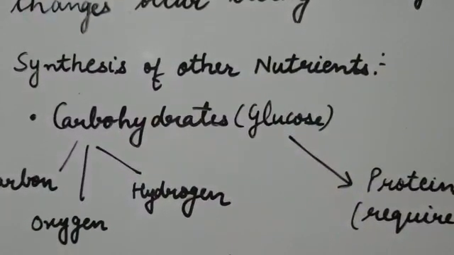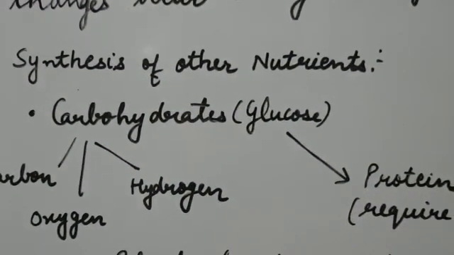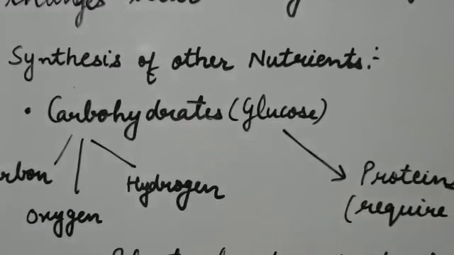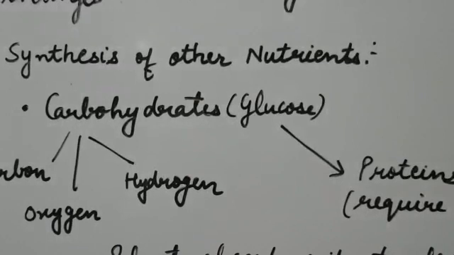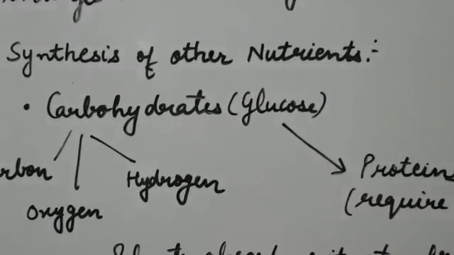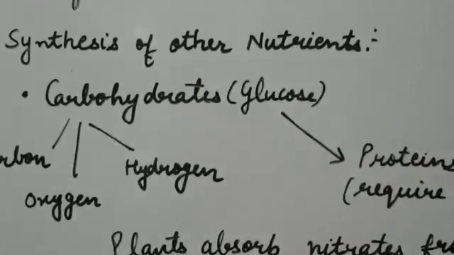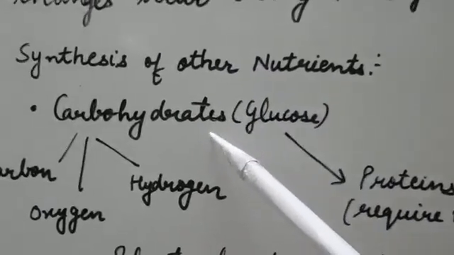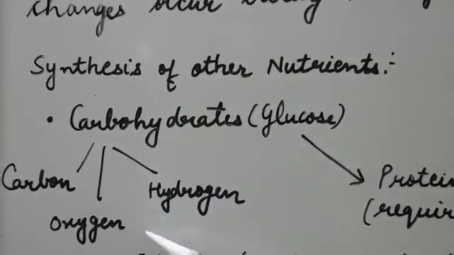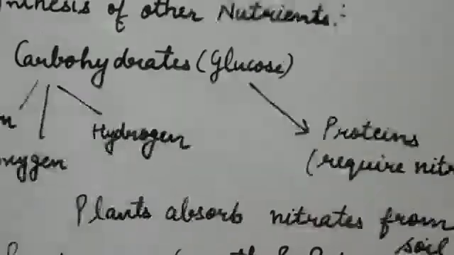During photosynthesis, not only the nutrient carbohydrate is produced, but many other nutrients are also synthesized in the process. The glucose obtained in the reactions, that is carbohydrate, consists of carbon, oxygen, hydrogen.